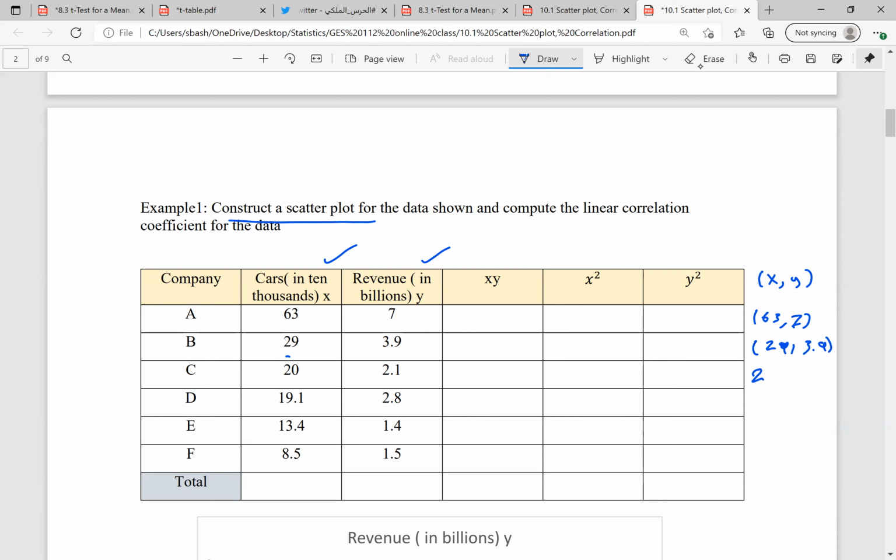Next one is 20 and 2.1. These are the ordered pairs. 19.1 and 2.8. Next one is 13.4 and 1.4. Next one will be 8.5 and 1.5. These are x and y.